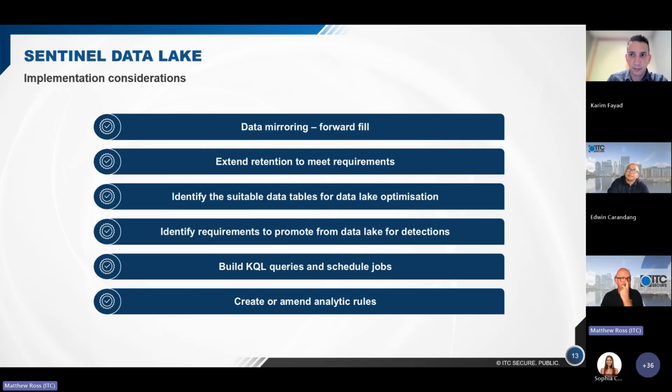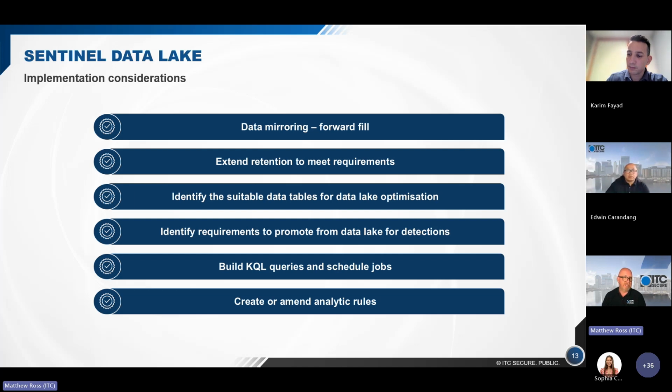So if you've identified what tables could move solely into the data lake tier to optimize your costs, then also investigate whether there is any data within those tables that you can query and then promote up to the analytics tier to trigger detections and for the analysts to start investigating certain anomalous behavior or activity.